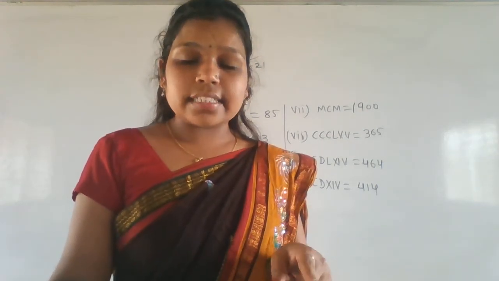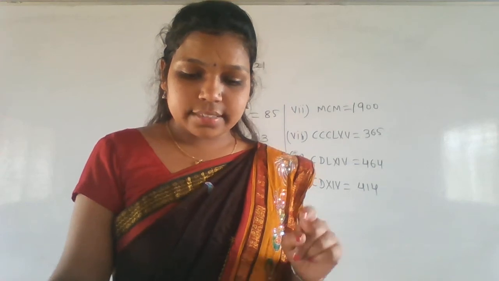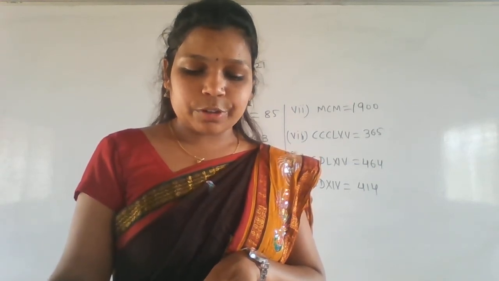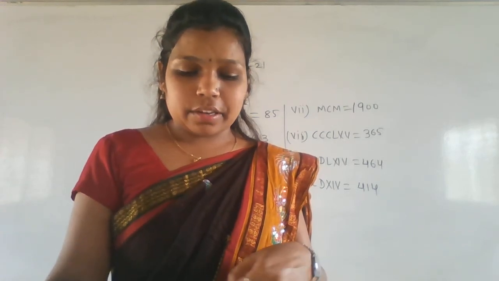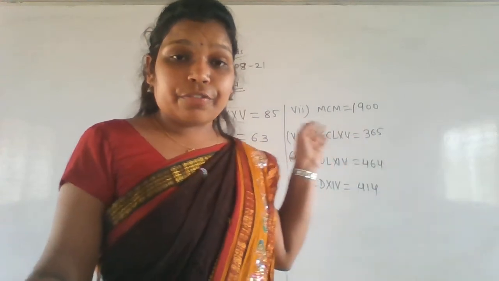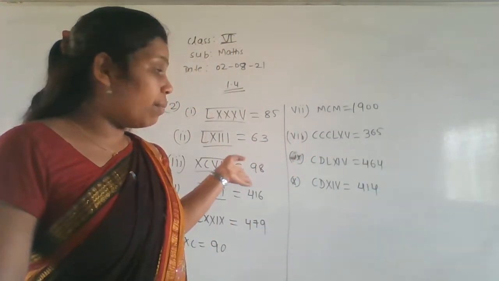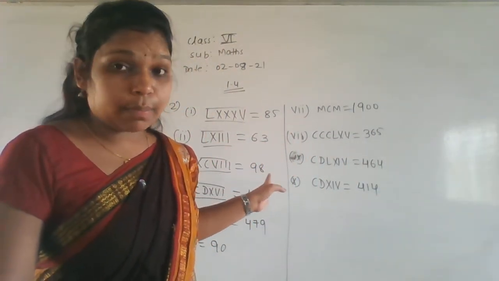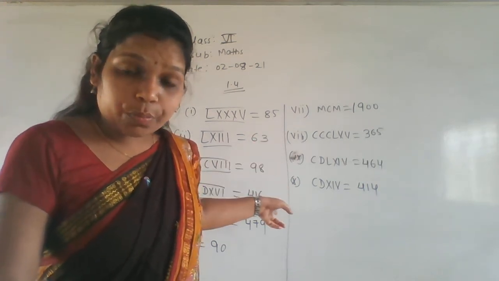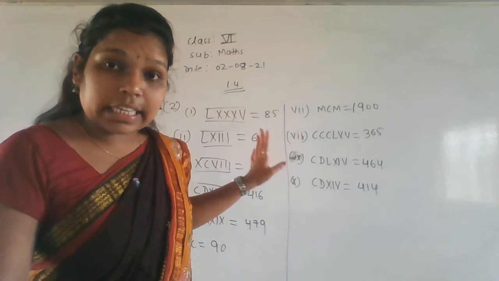In the next class I'll send one PDF, that is the third main and fourth main. I have solved all of exercise 1.4: first main, second main, third main, fourth main. If you are getting it properly, then only write it in the CW. If you are not understanding, then write it in the HW. If you have any confusion, then keep it as it is.